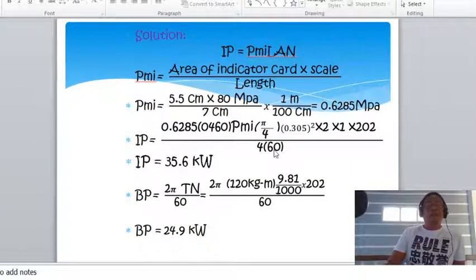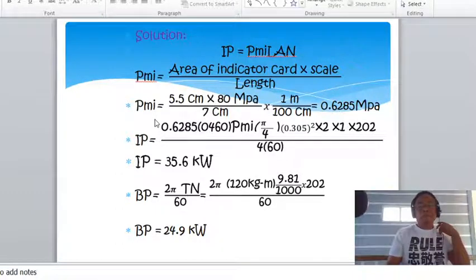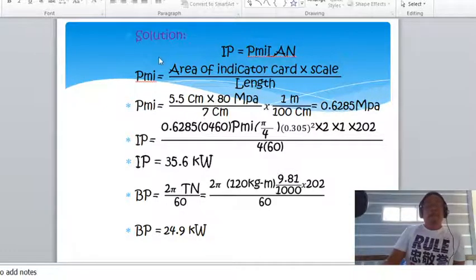Getting now the indicated power. From the definition of PMI, the indicated mean effective pressure, substituting values, is equivalent to 628.5 kilopascal or 0.6285 megapascal.